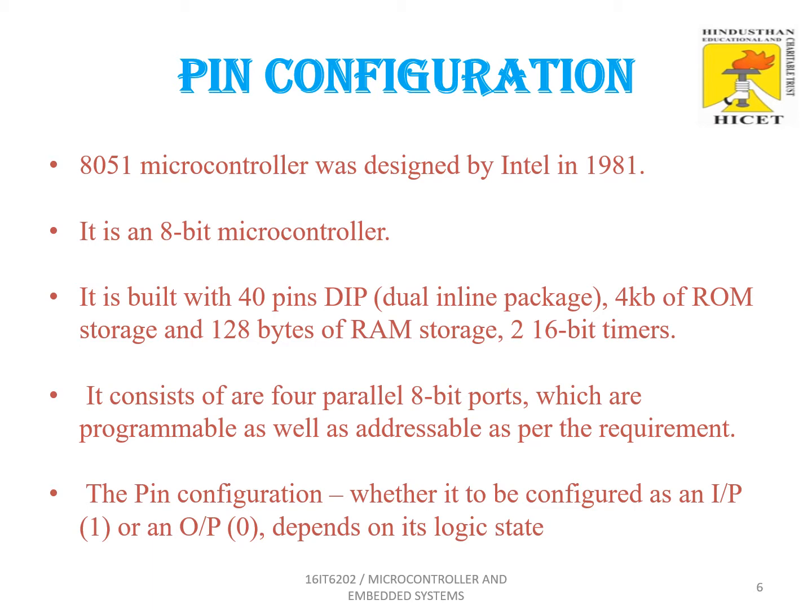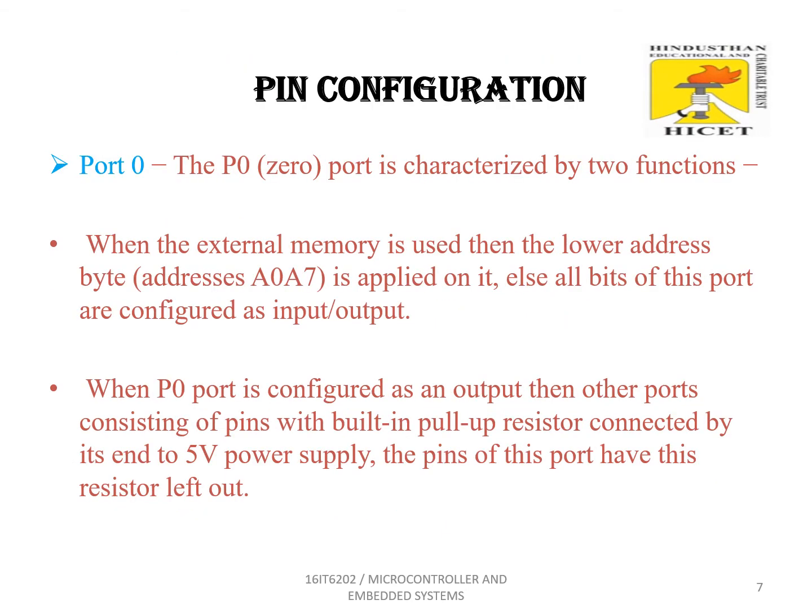Here 4 ports will be present: port 0, port 1, port 2, port 3. Now let us see each and every pin clearly. Coming to port 0, it is characterized by two functions. One is when the external memory is used, then the lower address byte, that is addresses A0 to A7, is applied on it; else all bits of this port are configured as input output.